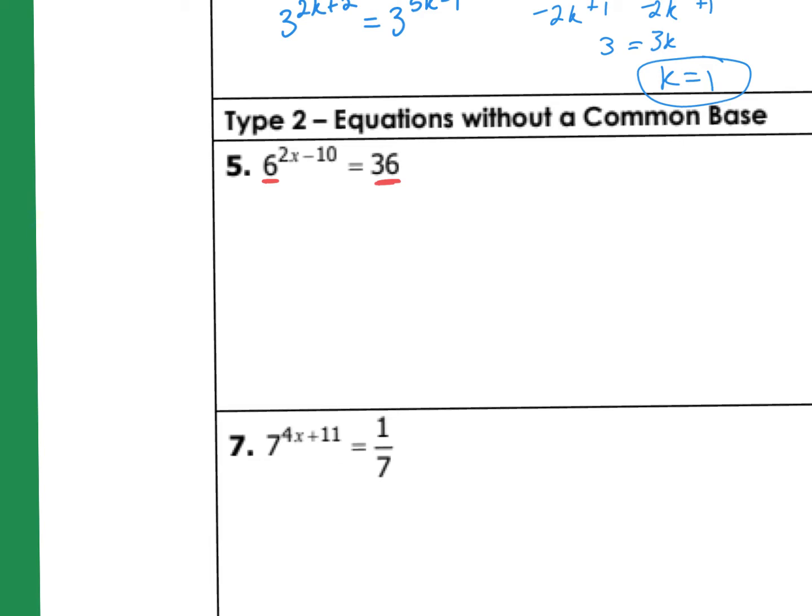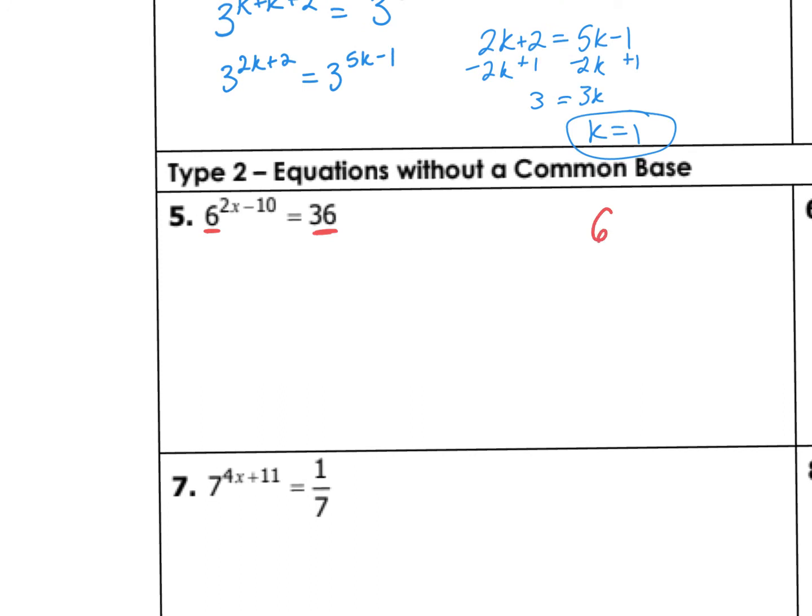So what I want you to do is start with 6 and figure out what the powers of 6 are. So 6 to the first is 6. 6 squared is, ooh, do we have both numbers? That works. So here's what I'm going to do. The left side, I'm going to keep it the same because it's already a base of 6. The right side, I'm going to change that to be 6 squared.